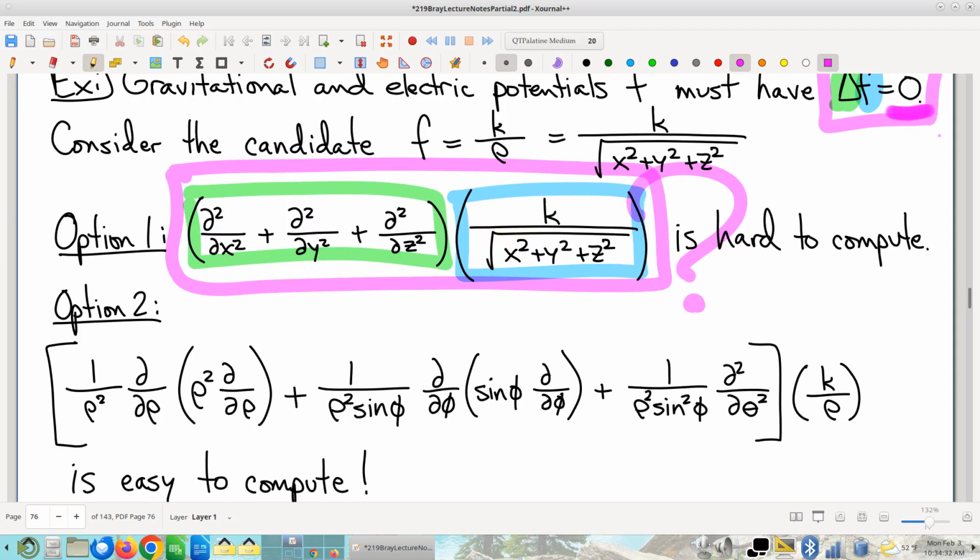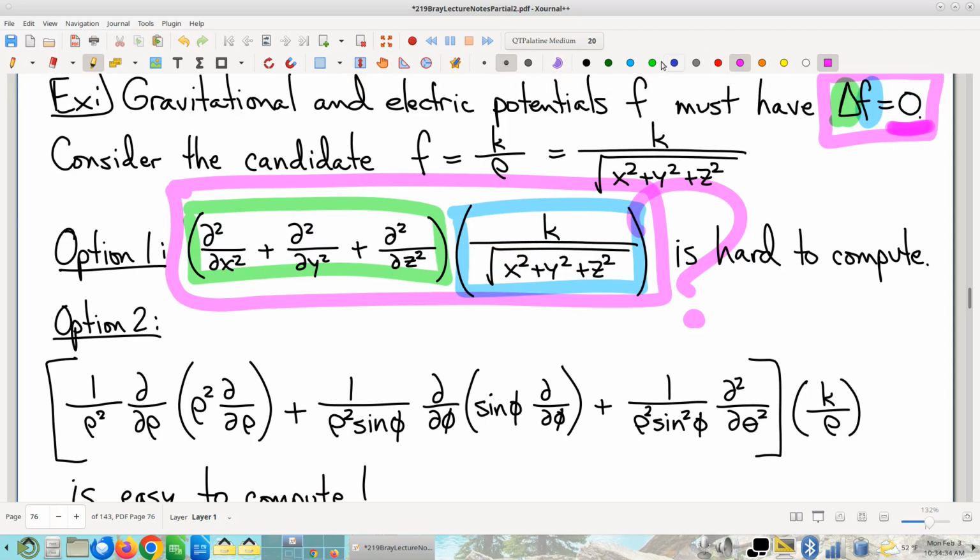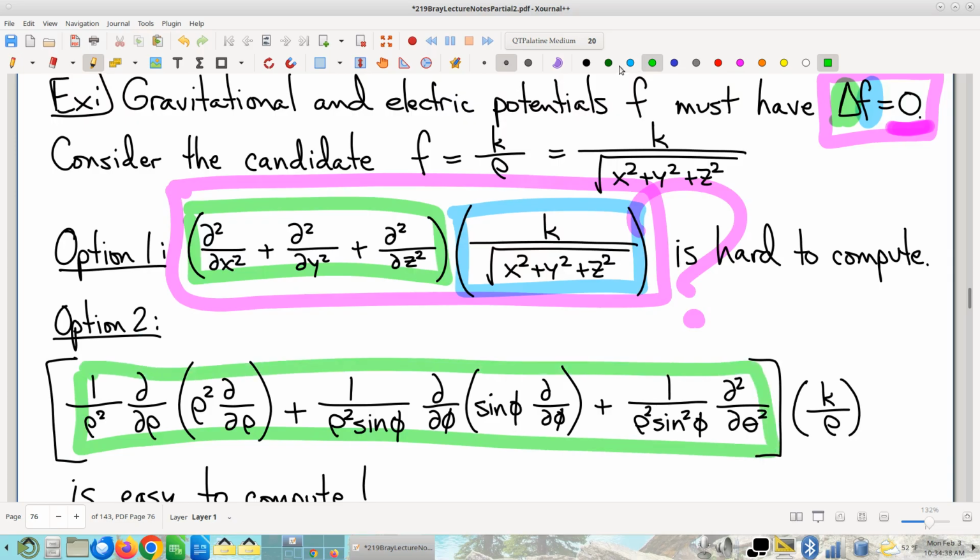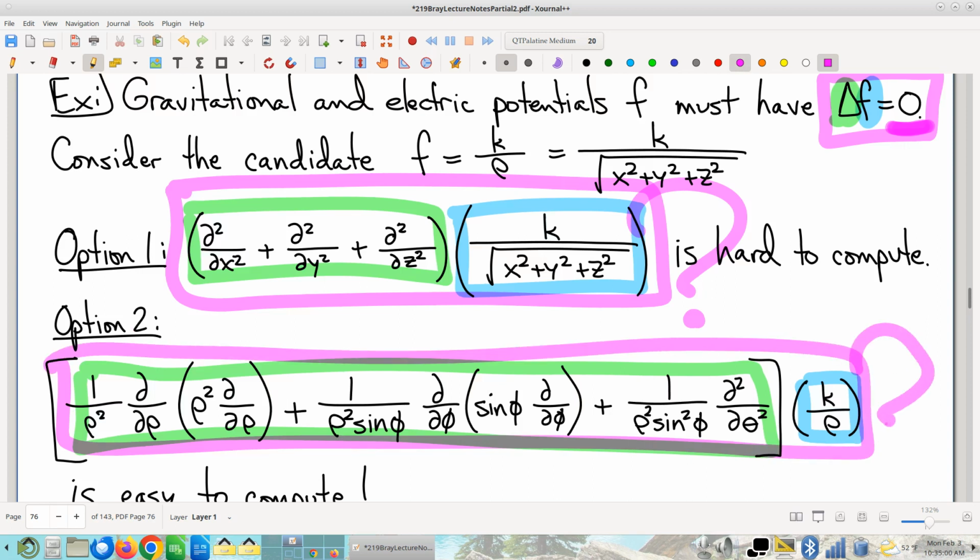And the other thing I can do is I can compute the spherical Laplacian of the spherical formula, you'll note there, for this function. Same function. Honestly, same Laplacian of the same function. This is just doing the exact same calculation in spherical coordinates instead of rectangular coordinates. And so again, I would need to compute all of this and decide if that is or is not 0.